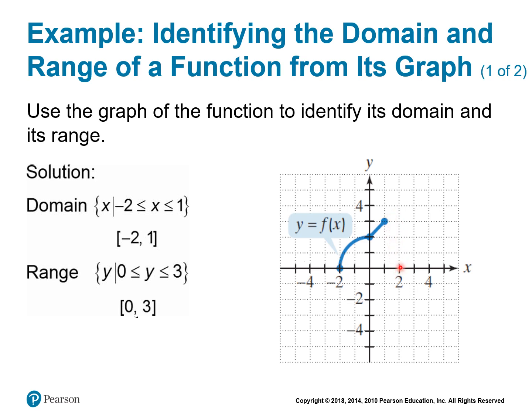At x equals 2, we don't touch the graph, right? The graph extends only between x equals -2 and x equals +1, and all values that fall between -2 and +1.